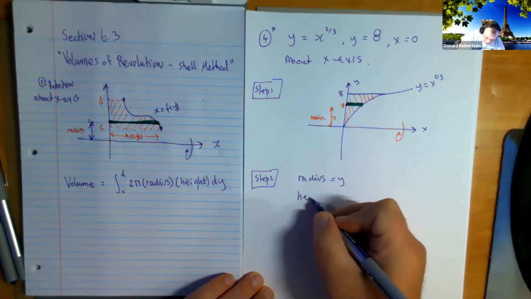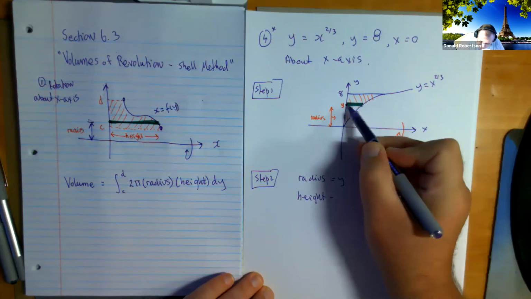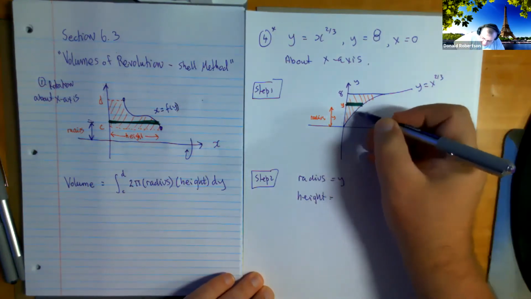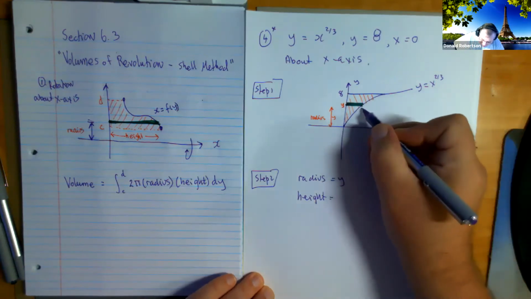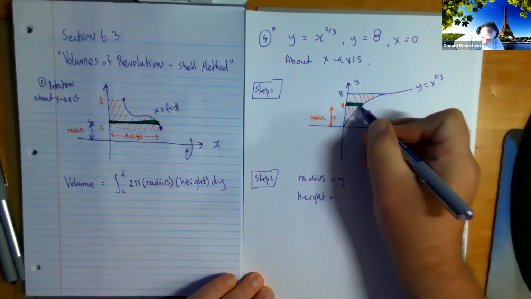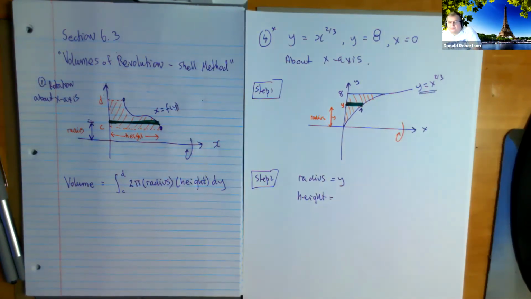And the height? Well, won't the height be the distance from here to here? Now, when you're looking at this curve, the distance from here to here is basically that distance, right? Which is the value of the curve, the function.